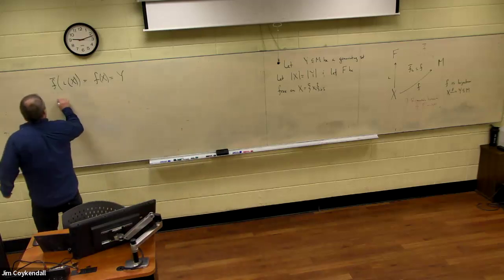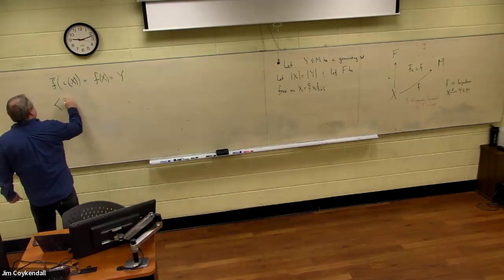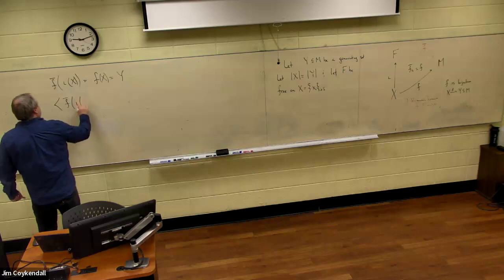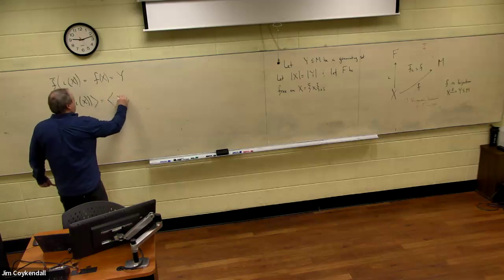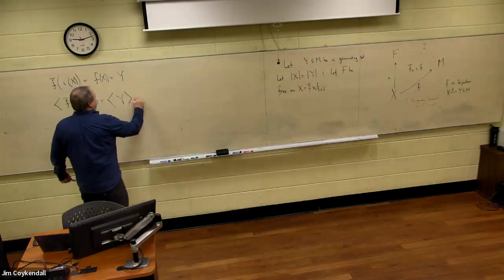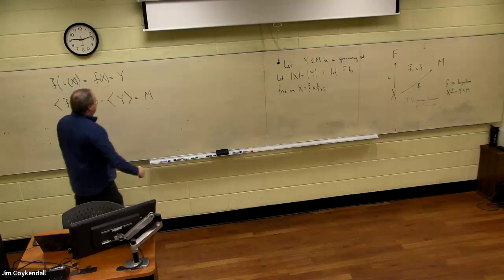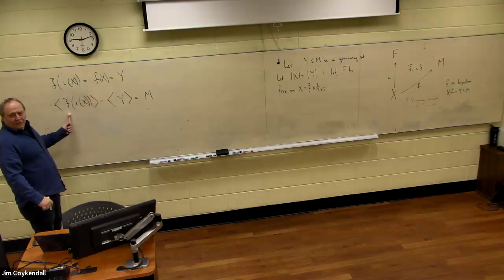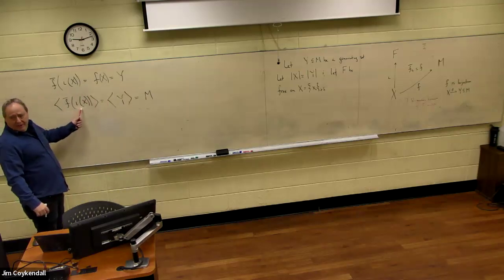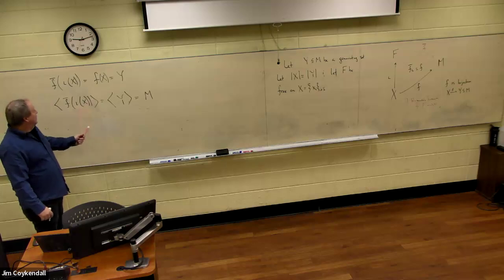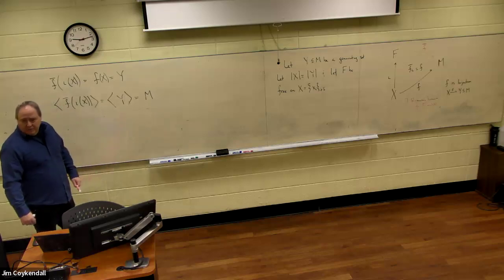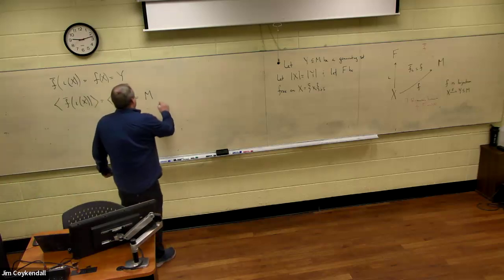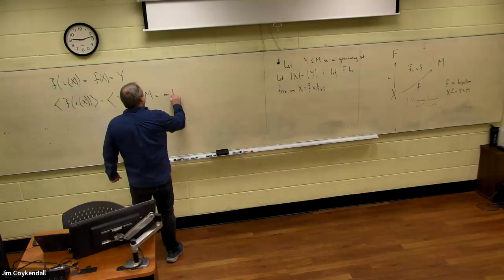So what's generated by the image of X under this is what's generated by Y, which is all of M, because I assumed that Y was a generating set.